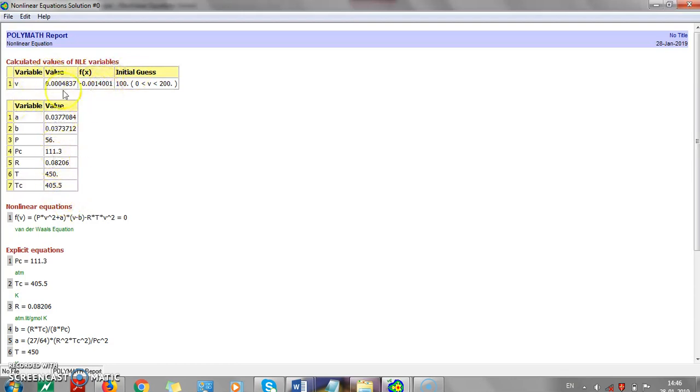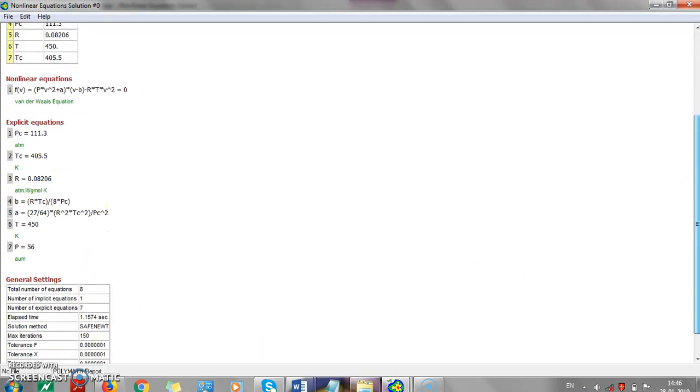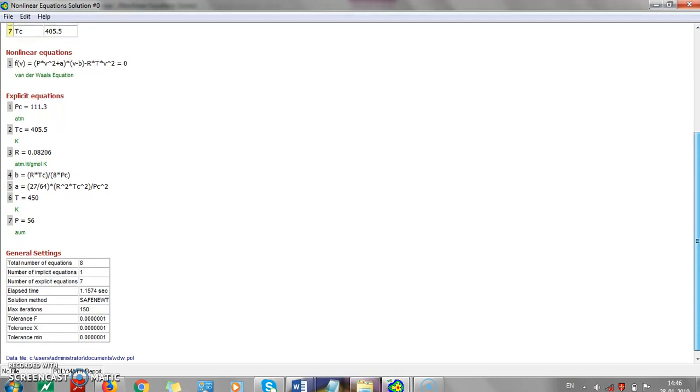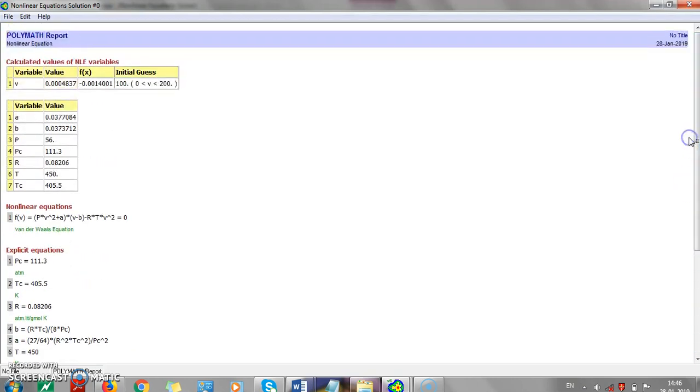These are the values which we have got, and this is how you can solve a single variable non-linear equation, the van der Waals equation, using Polymath.